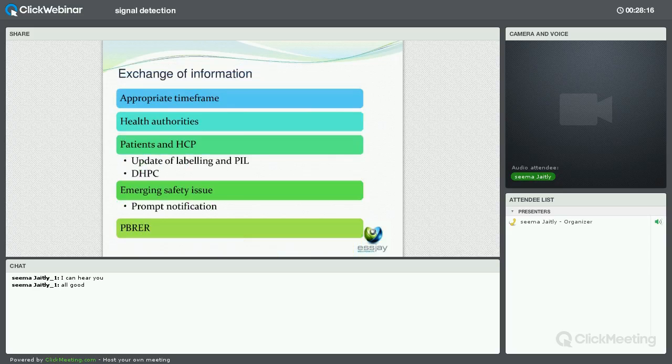So looking at exchange of information, we've talked about that and the fact that you need to assess this all the way through your signal management process. But you need to ensure that there is an appropriate time frame for exchange of information. So if you're going to update your label, you need to ensure that you have a time frame that is appropriate for that update.